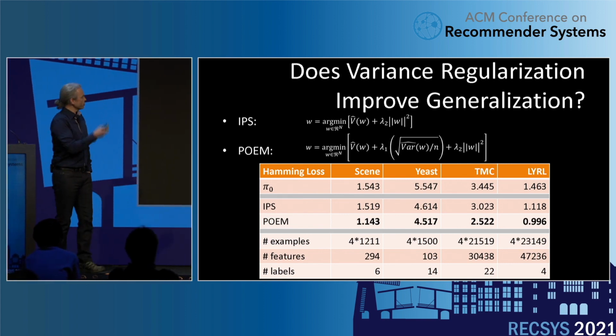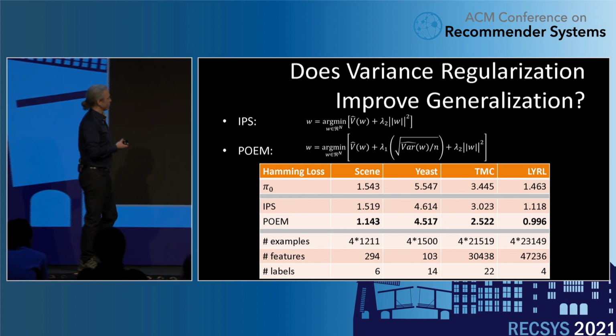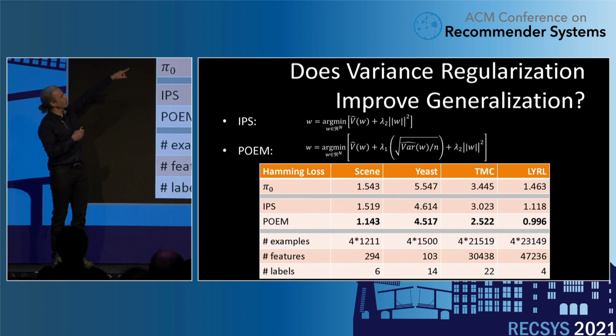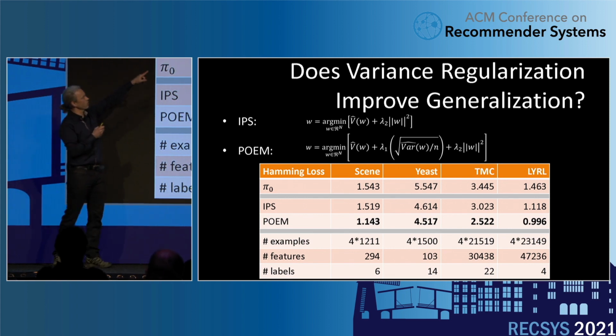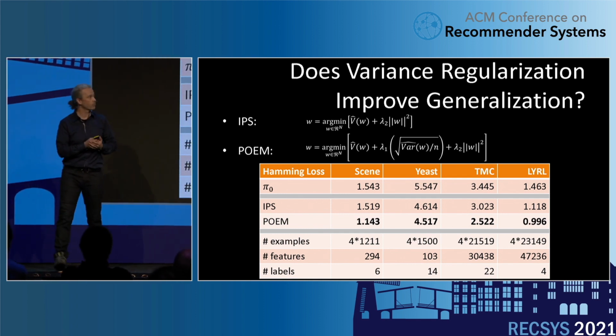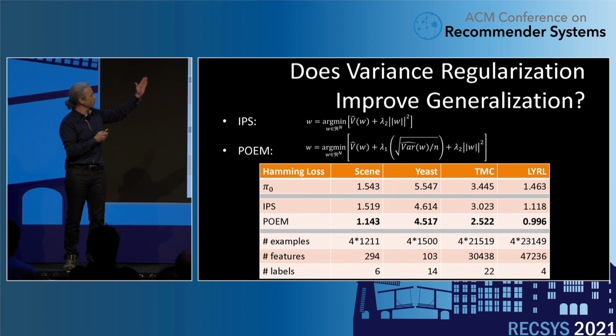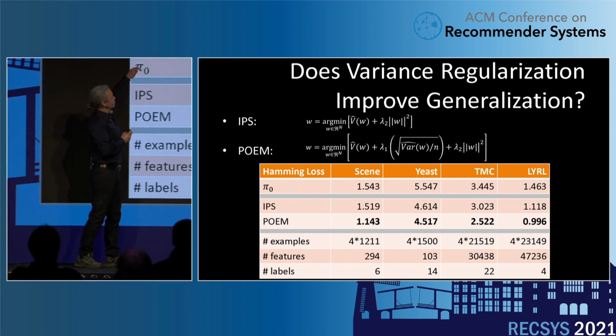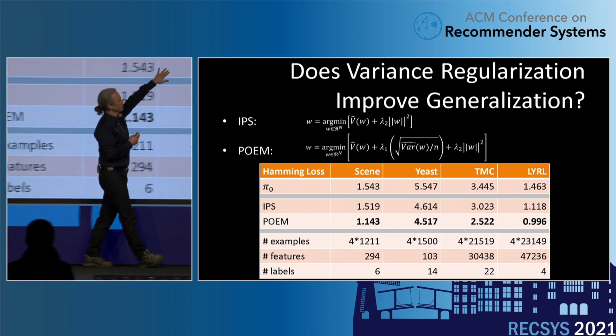So this is a different set of problems here. These are actually multi-label problems. These are actually combinatorial output spaces, but it's not that important. So this compares just regular IPS with normal regularizing of the weight vector, and what we call POEM. That's the name for this method, where we regularize also the variance. So the logging policy starts out with this performance here.